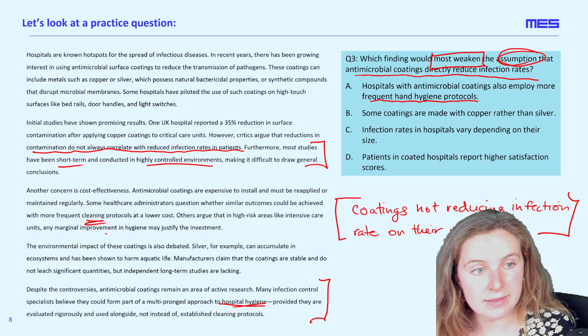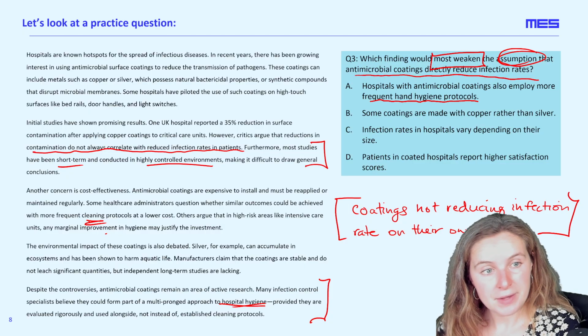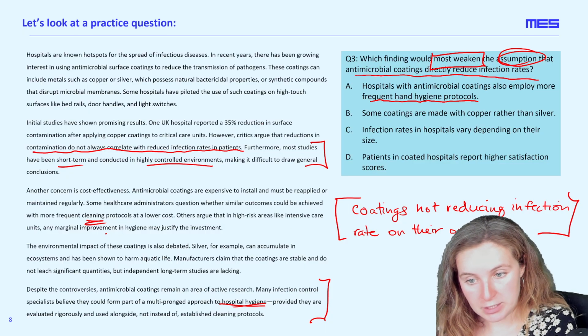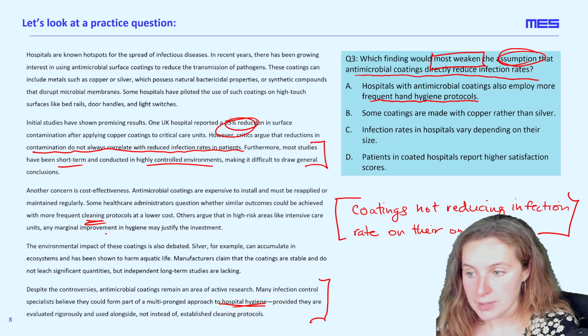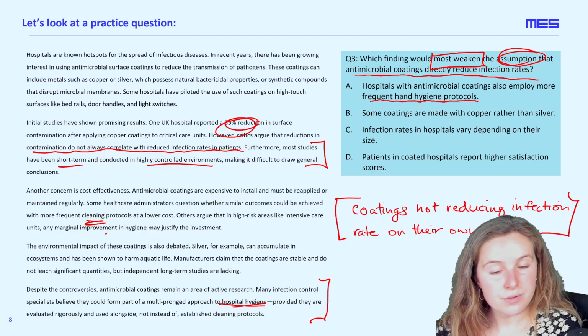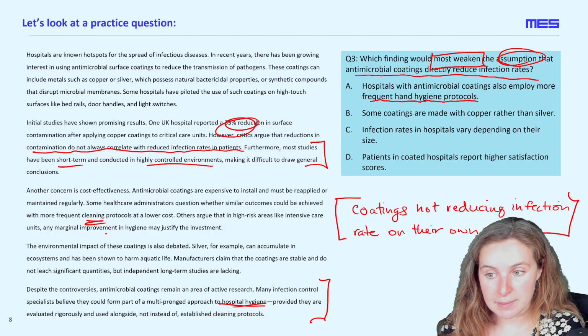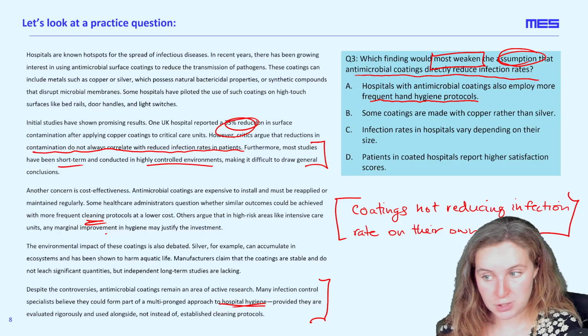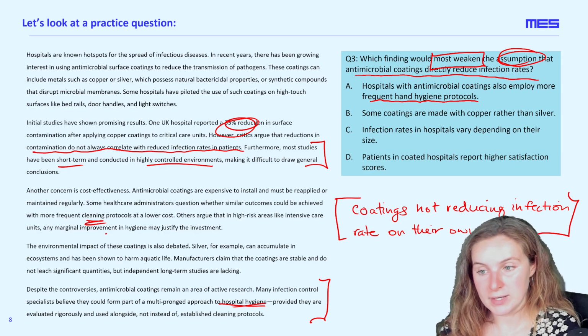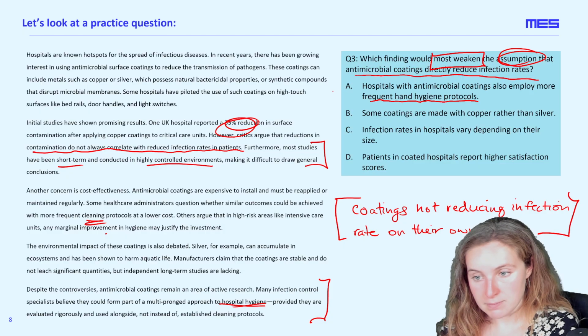So it might be likely that mitigating factors affected how much the surface contamination was reduced by the copper. And so we would have to think, okay, this might weaken the assumption that they directly reduce infection if people are also washing their hands at a higher rate and thus reducing infection in multiple ways at once. So that sounds maybe likely.